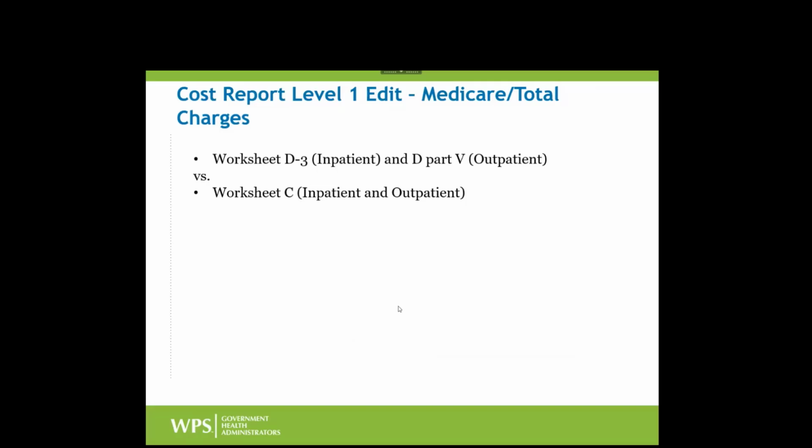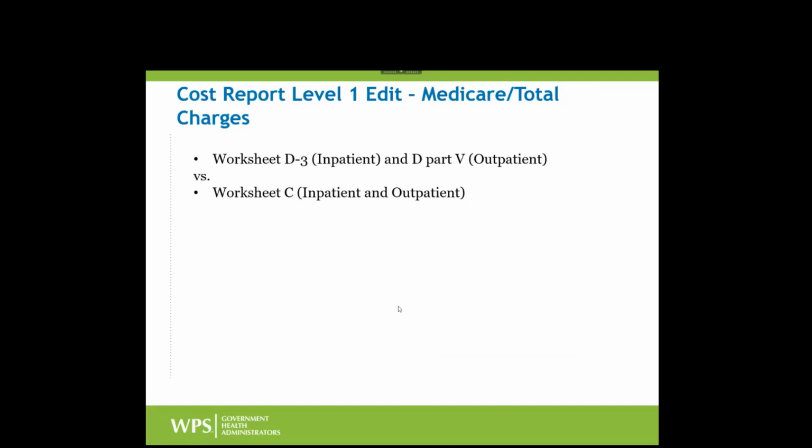something is wrong here. It's possible that your total charges were put in the wrong cost center, but that's not something that would be visible and transparent to the MAC. We reconciled to your revenue grouping schedule, and that's how they're listed. So if you made a mistake in your grouping schedule, of course, you could correct that.